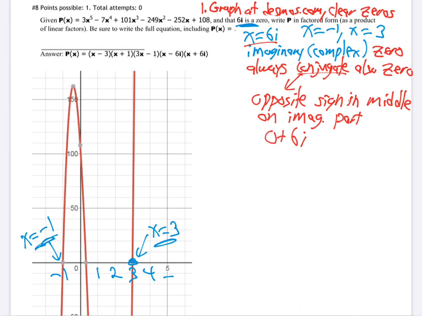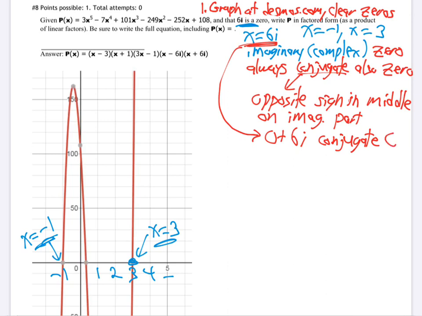So if we have 0 plus 6i, you don't really need the 0. The conjugate, that's the one we have right here, 6i, which is the same as 0 plus 6i. Conjugate always means opposite sign in the middle. When we do that in math, we use that for various things. That'd be 0 minus 6i. You just change the sign in the middle.